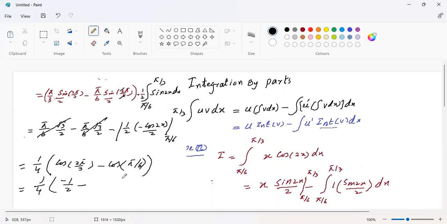The cosine of pi by 6 is square root of 3 by 2. So you can take this 1 by 2 as common, it becomes 1 by 8, and the answer is negative 1, negative square root of 3. So this is the answer.